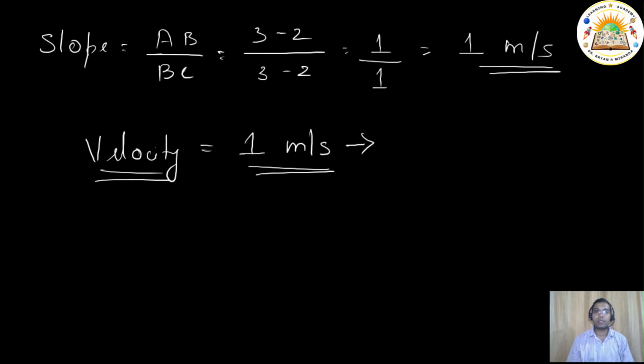So what are the inferences that we can draw from the distance time graph? If I draw this as my distance time graph, and let's say I draw two curves. Now in geometry, even a straight line is called a curve because it has an equation by which we can draw it.